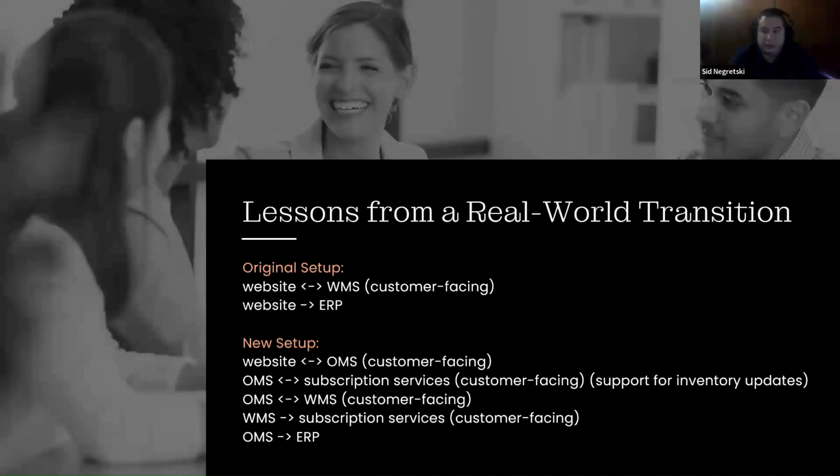Their original setup, in terms of integration points, had only two integrations, and only one of them was customer facing. The communication between the website and the warehouse is customer facing, because if you do not submit orders over to the warehouse, they are not getting shipped. Customers get upset. Very simple. The second integration point, just as important, is the ERP system.